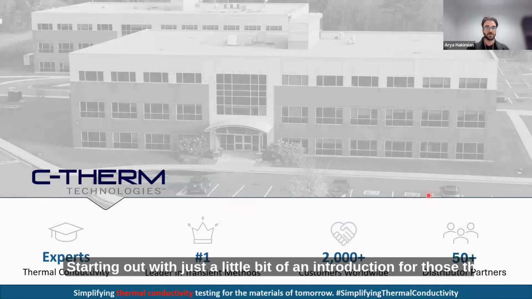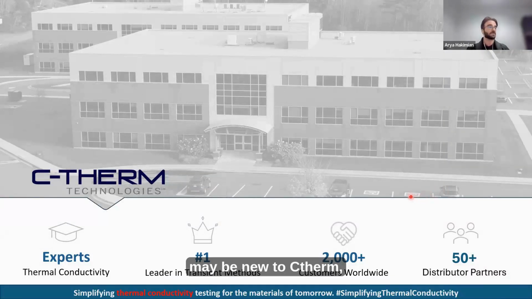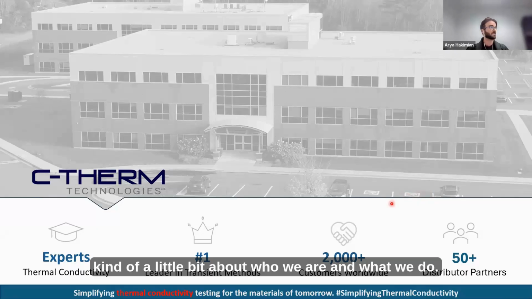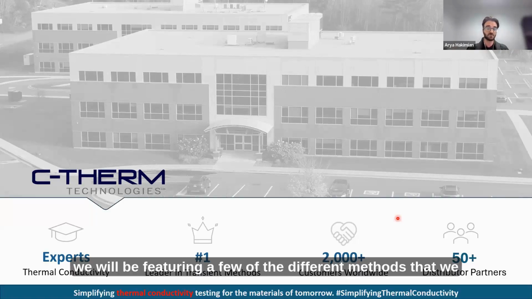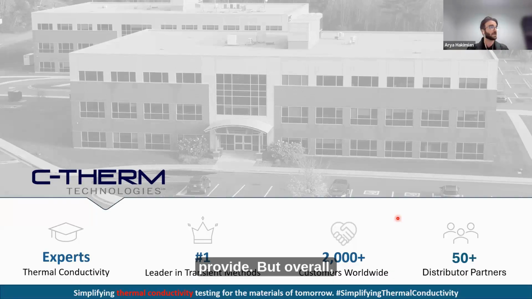Starting out with a little bit of an introduction for those that may be new to C-Therm, a little bit about who we are and what we do. At C-Therm, we focus on thermal conductivity, specifically through the transient class of thermal measurements. Over today's session, we will be featuring a few of the different methods that we provide.